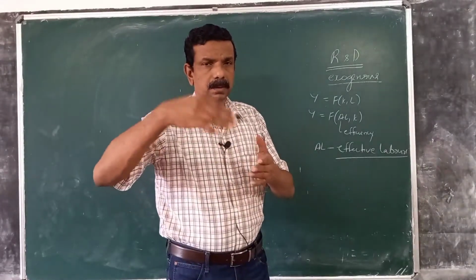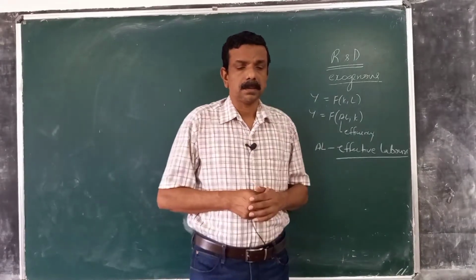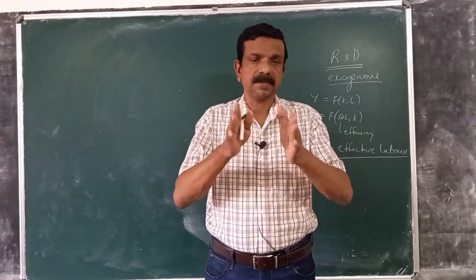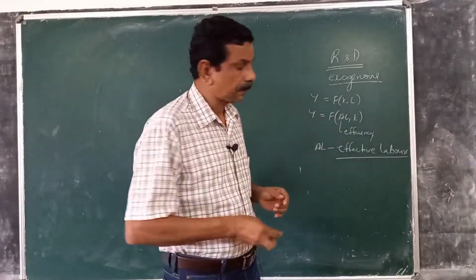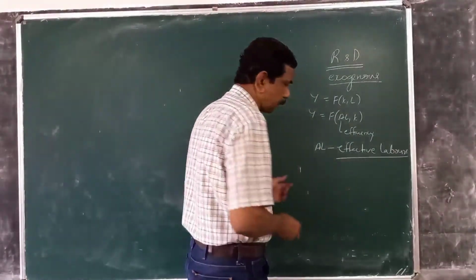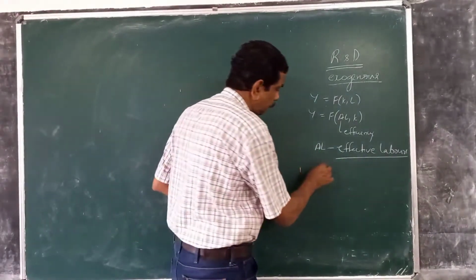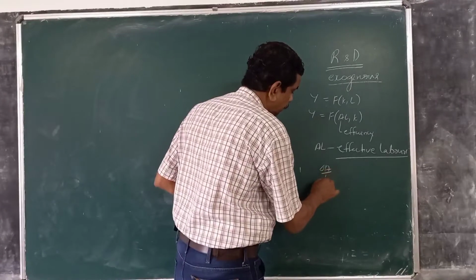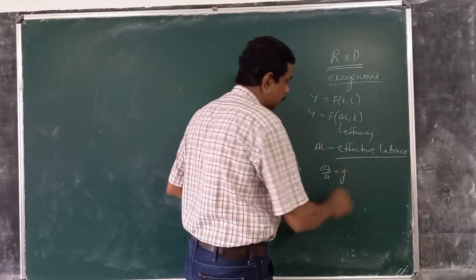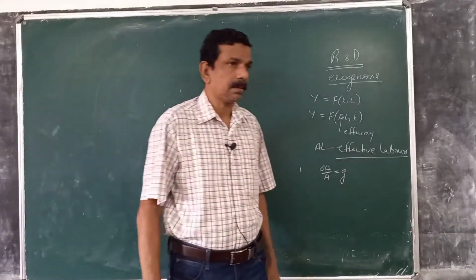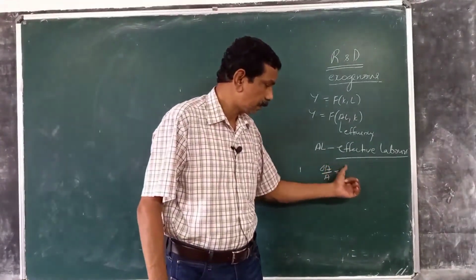Now, the simplest assumption about technical progress is that it causes efficiency of labor A to grow at some constant rate g. We assume that delta A by A is equal to g. Efficiency of labor increases at some constant rate g.